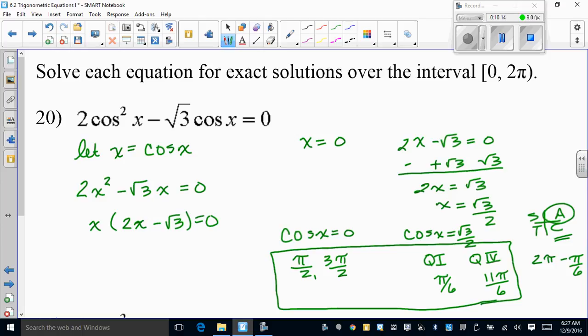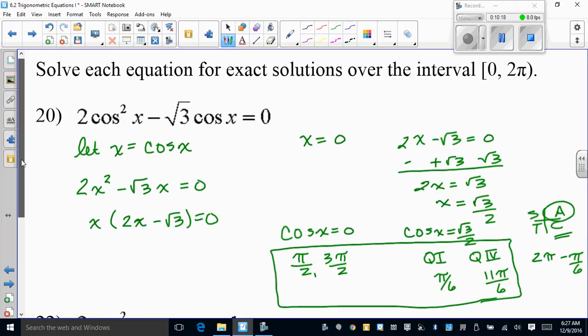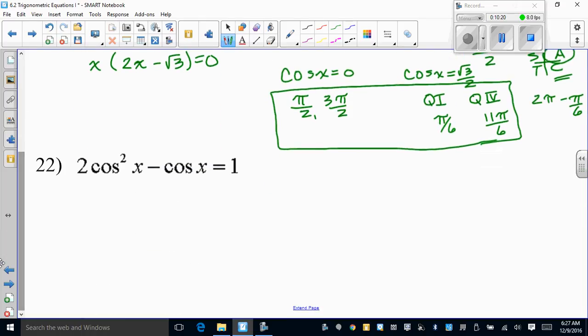Okay, let's look at the next one. Okay, a little bit more involved on this one. 2 cosine squared of x minus cosine of x. So I'm going to do the same thing. Let x equal cosine of x.